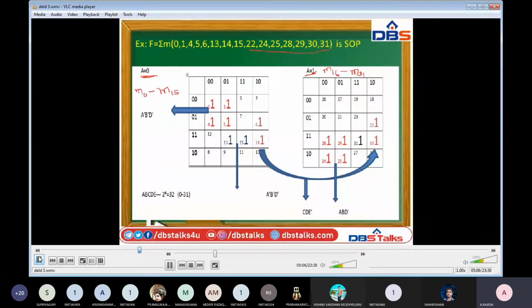See here, first of all I have taken this as an adjacent quad, an adjacent group.